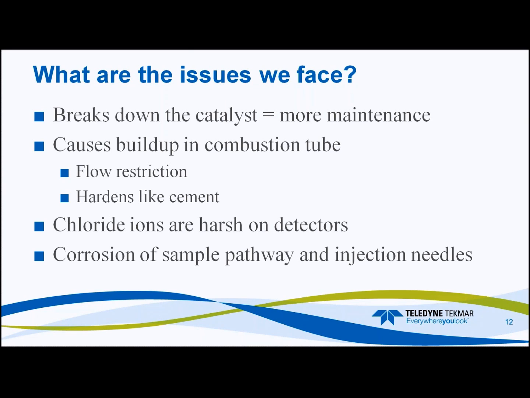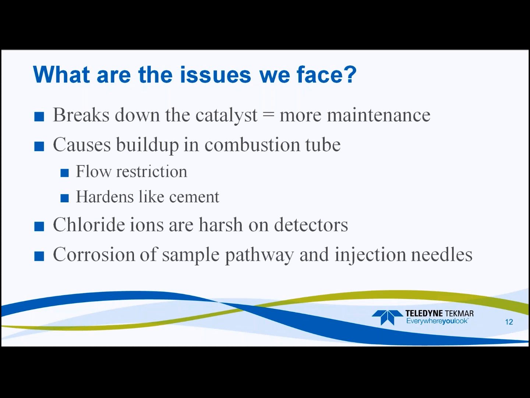As you transfer your sample over to the combustion tube for that oxidation to take place, you're competing now with all of these chloride ions. And we also know that chloride ions are very, very harsh on the detector. So we need to have some type of halide scrubber that is going to help to remove some of these prior to getting to the detector, because detectors make up essentially 30 to 40% of the cost of an instrument.